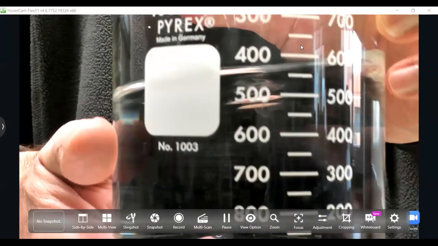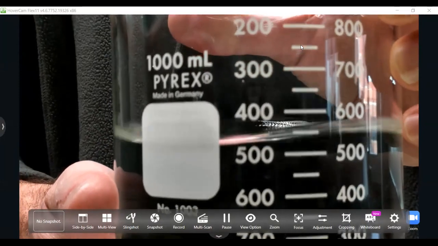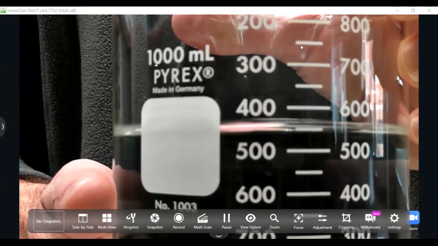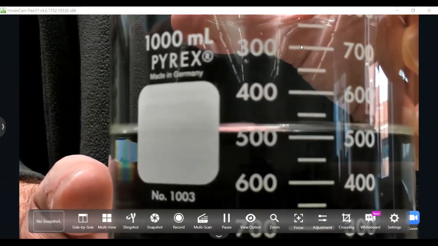Take this. Switch the screen. I think I got the right color on. We are going to read the right side of this. I'm going to cheat maybe a little bit. How many milliliters of water? Right scale. 550 is in the middle. Can we say 530?